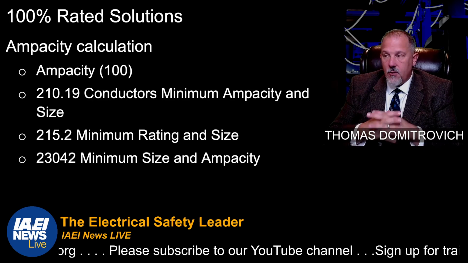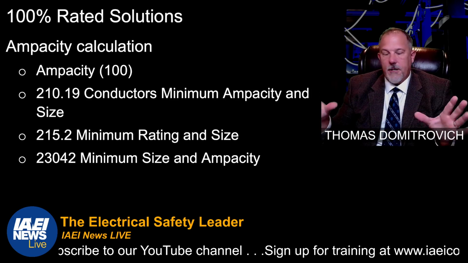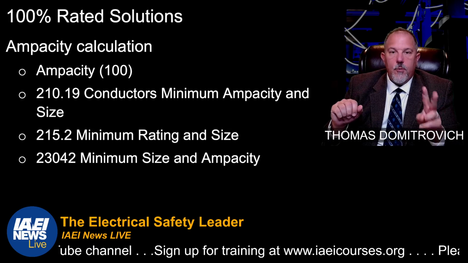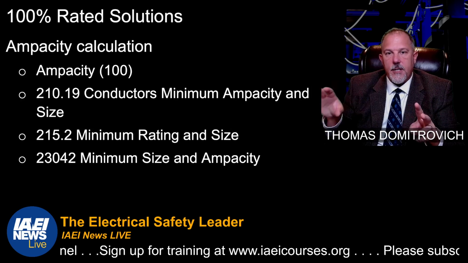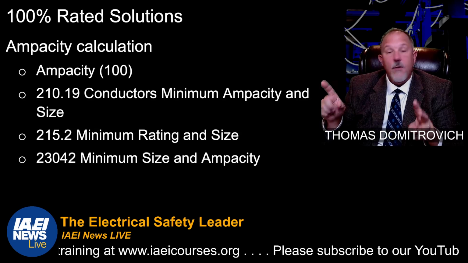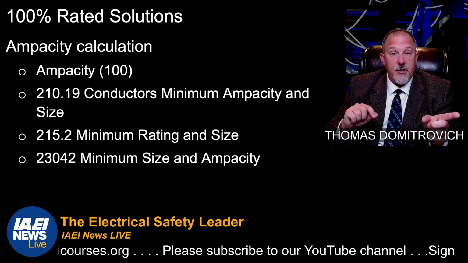A is your general requirements. What A is going to tell you is that you're going to do two calculations. Whichever one results in the larger conductor is the ampacity that you need, and that's the conductor size you're going to use.